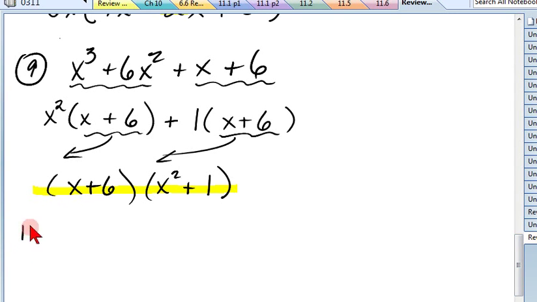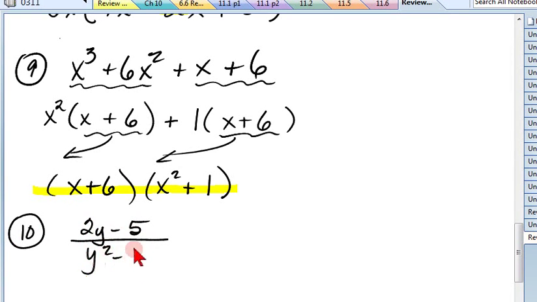All right, question number 10. Switching up, it actually goes to the next chapter, and it gives you a rational expression, 2y minus 5 over y squared minus 64, and it wants to know for what real numbers is this undefined. When is a fraction undefined?